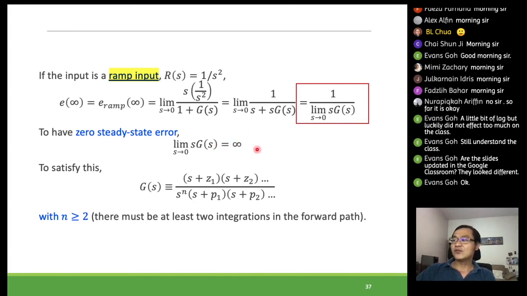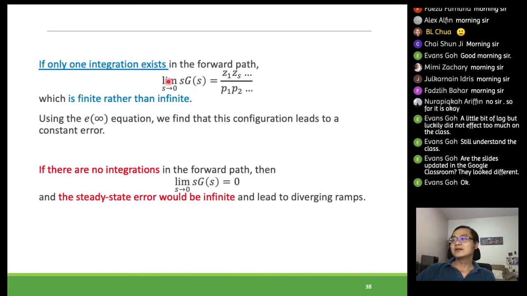For this to be satisfied, because we have an s at the front, we need at least n equals 2 now, because this s will be cancelled out if it is 1. So we need at least 2 in the forward path in order to get zero steady state error when our input is a ramp input.